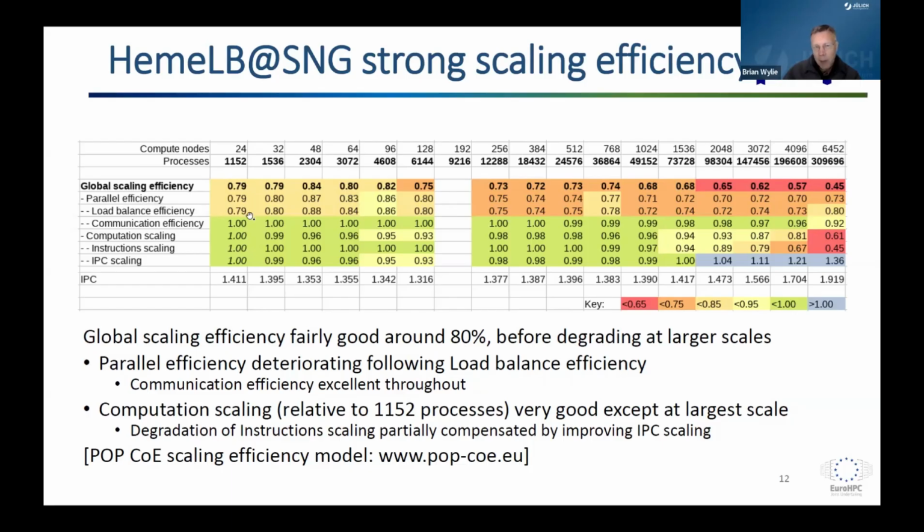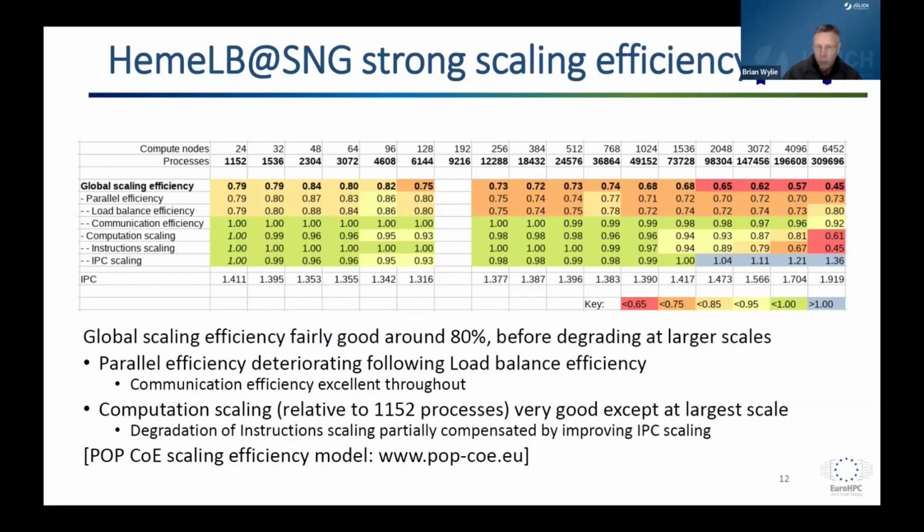Load balance was the main inefficiency, but it wasn't an inefficiency that got significantly worse with scale or significantly better. It actually stayed, with ups and downs, up till the very largest scale. It was always at about the 80% level. So this was due to the complexity of the geometry, the need to separate this complex geometry and partition it over different numbers of processes.